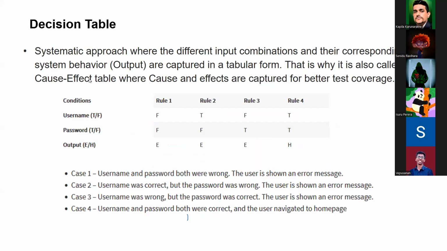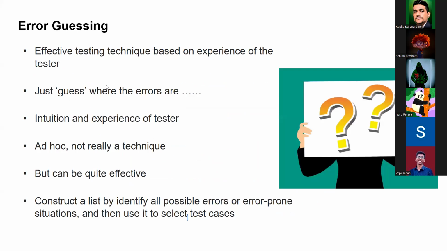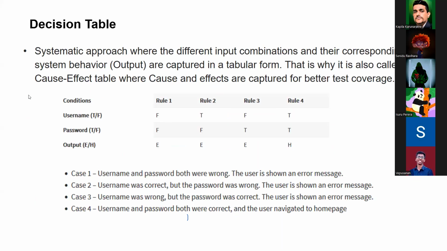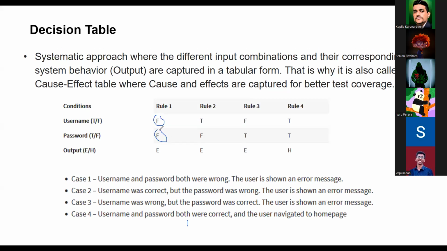So the fourth one is the decision table. Basically, a decision table is where you write a table that has decisions. If you look at the username and password scenario I mentioned, Google login, there will be various scenarios. You can write an incorrect username and incorrect password, and you will not be allowed to enter.